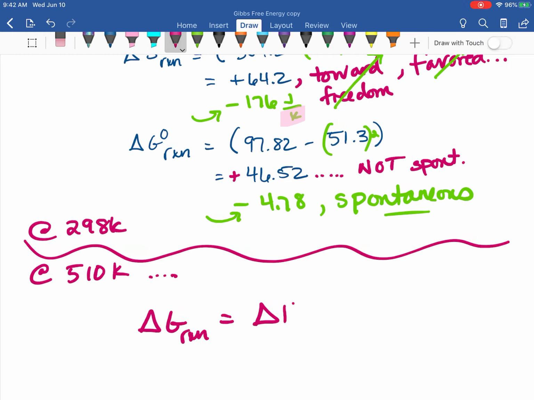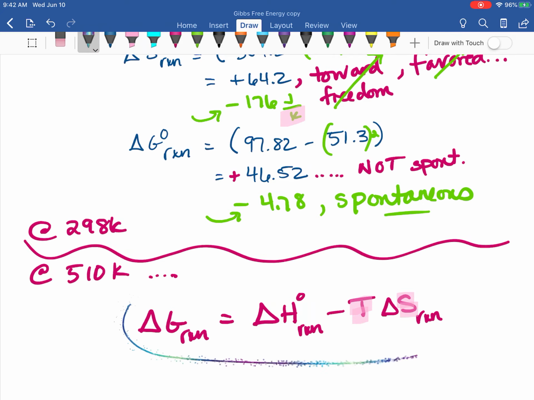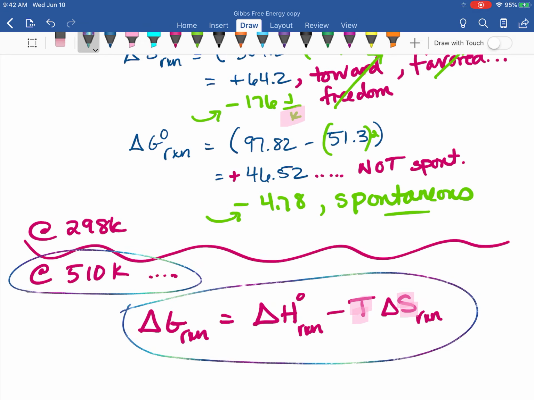But I am going to use the values from the tables for my entropy and my enthalpy. I need to compare both of those terms and include the fact that temperature is going to change our entropy. So put a big sparkle pen box around this one. This is going to be our new equation for our Gibbs free energy at anything other than 298 K.